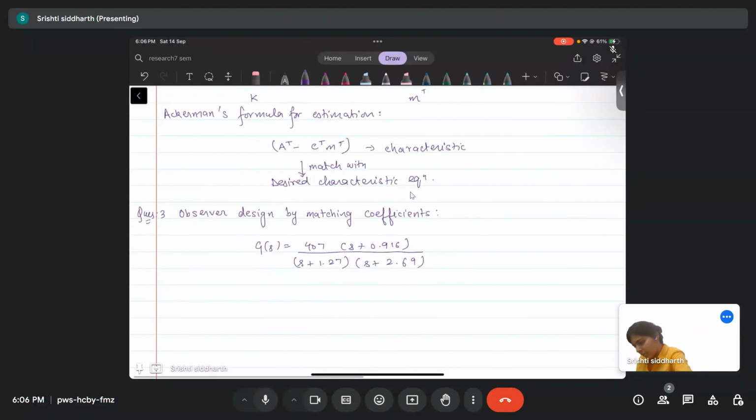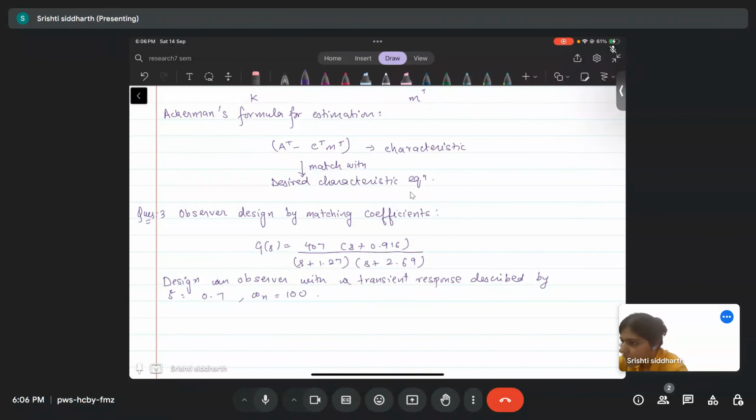Okay, so the problem is to design an observer with a transient response described by, so we have a second order system. So the response is described by the damping coefficient zeta 0.7 and omega n equals 100.